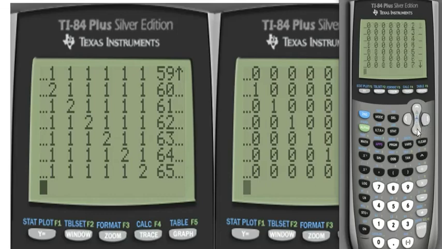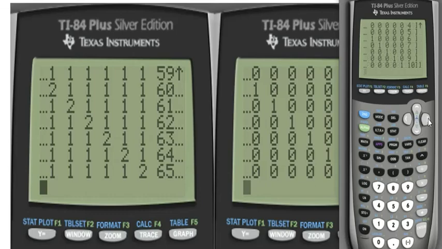Then the solution is 10, 9, 8, 7, 6, 5, 4, 3, 2, 1, and those are the solutions. And that's the verification using the technology TI-84 Plus.